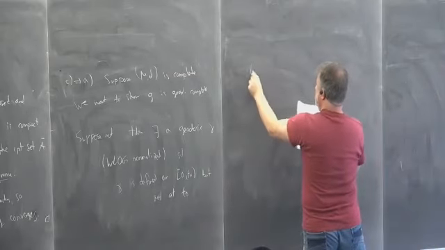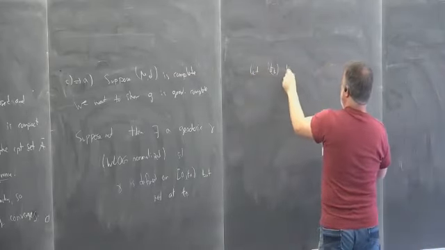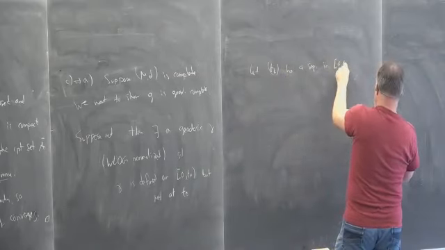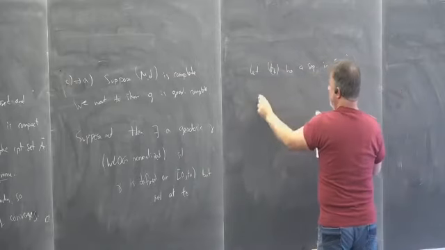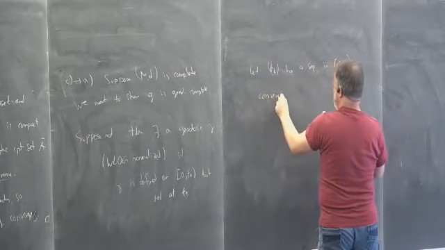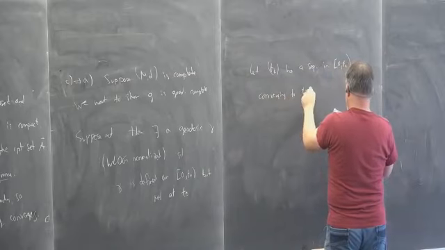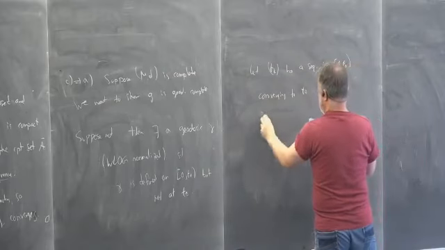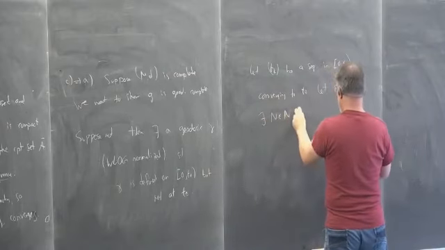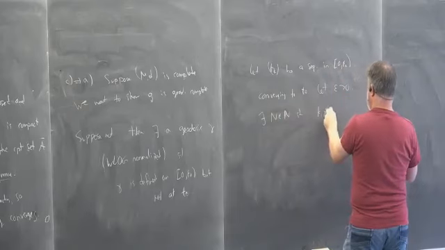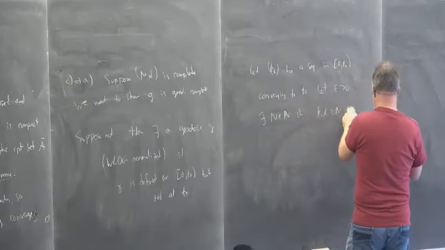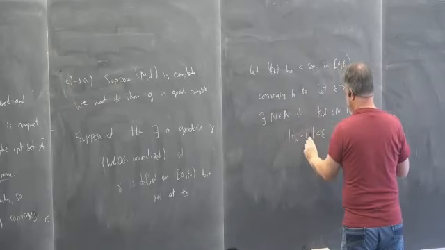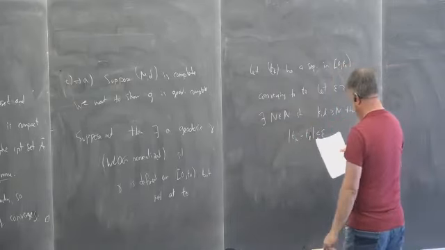So let's let T_k be a sequence in [0, T_0) converging to T_0. And let epsilon be positive. There exists some n such that if k and L are at least n, then |T_k - T_L| is less than epsilon because this sequence converges, so it's Cauchy.